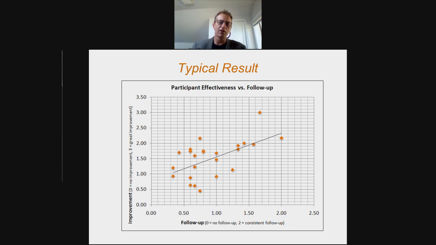And the horizontal axis is to what extent did they involve those other reviewers. The vertical axis is to what extent were they perceived to have improved. And you're seeing an Excel best fit line there. And generally, you're going to see that type of correlation between people involving others and being perceived to have improved.